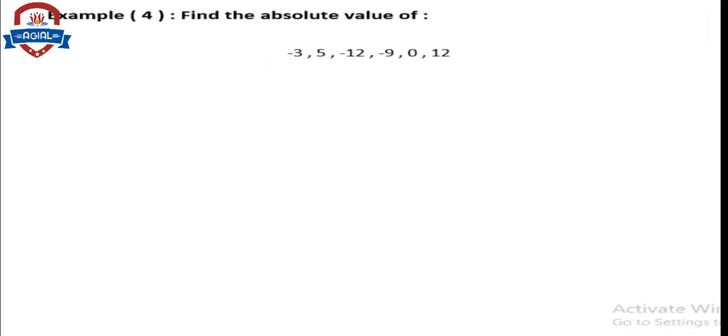And now let's try to solve this question. Example number 4. Find the absolute value of negative 3, 5, negative 12, negative 9, 0, 12. So the solution is the absolute value of negative 3.